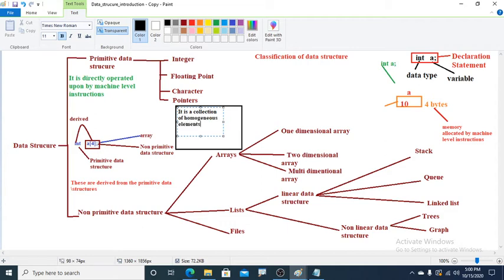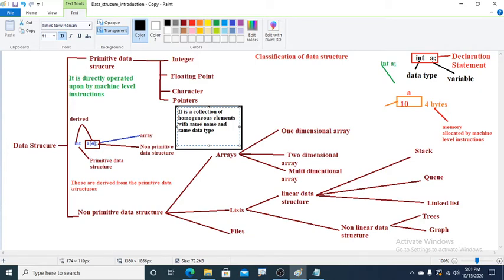It is a collection of homogeneous elements with the same name and the same type. The same type means what? Data type. It is a collection of homogeneous elements with the same name and with the same data type.